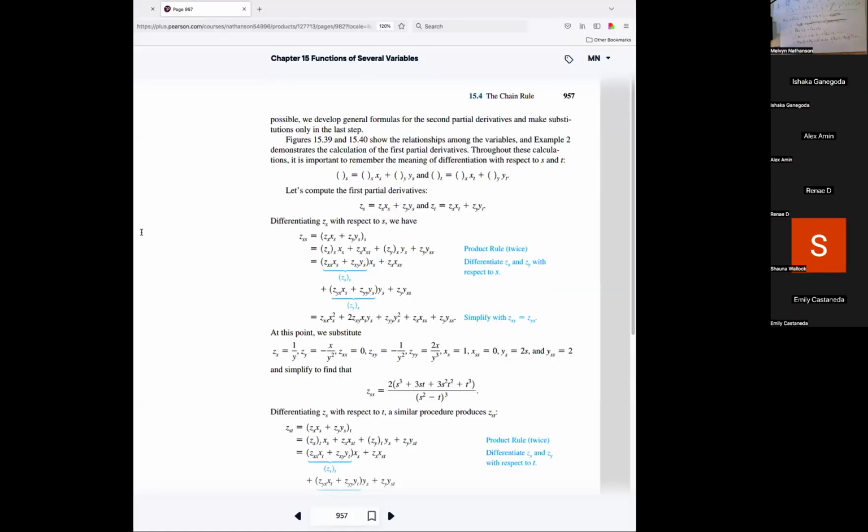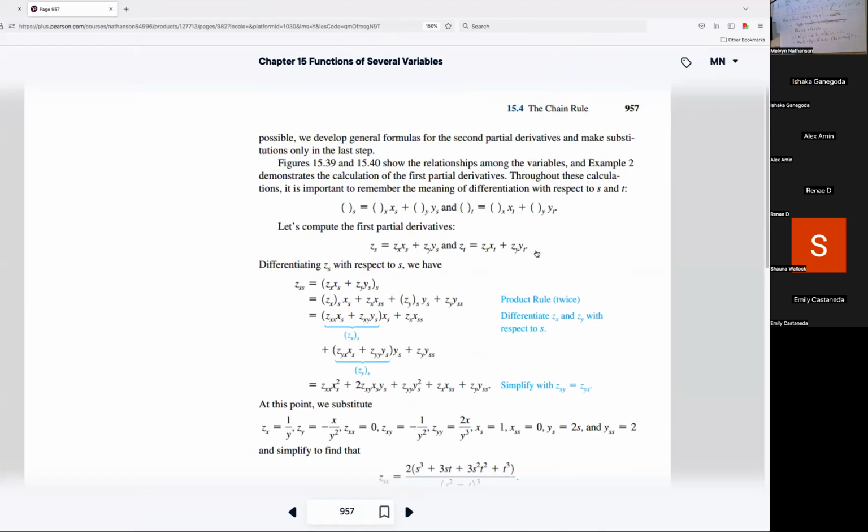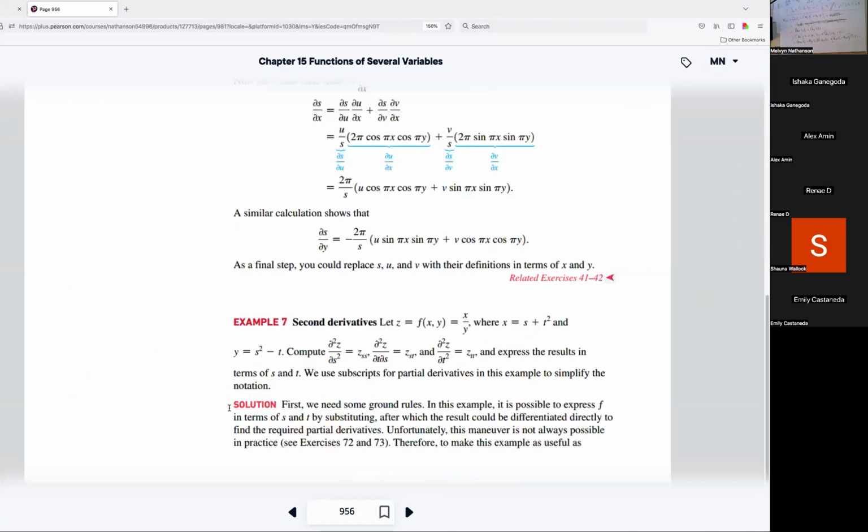So here is my function. Let me just go back one page. I have the function z is x over y.